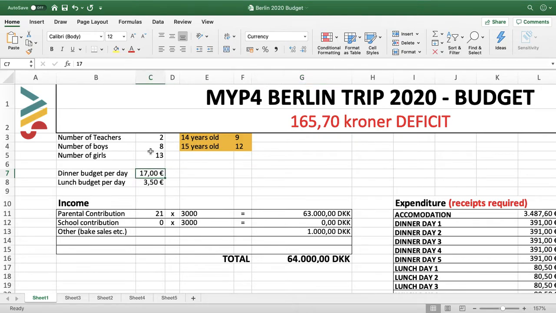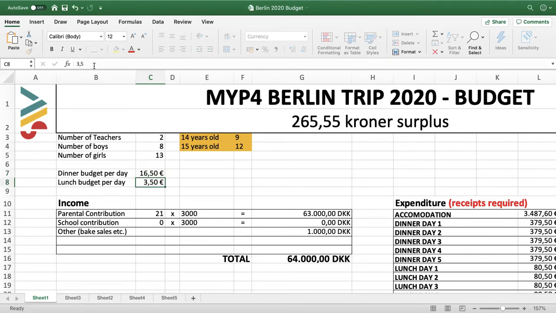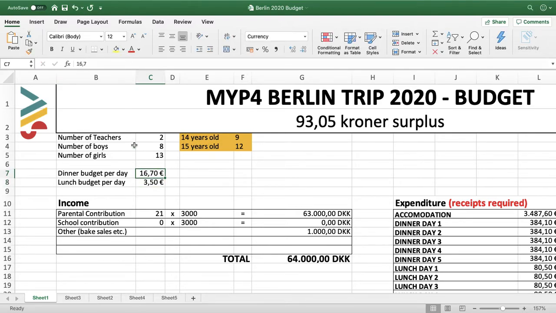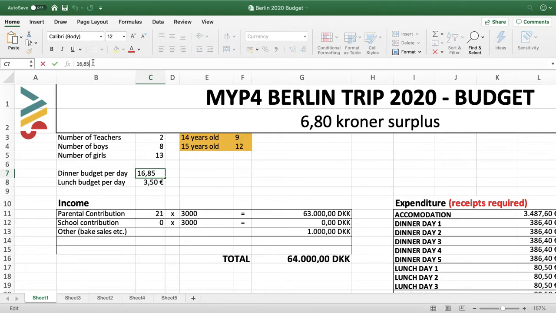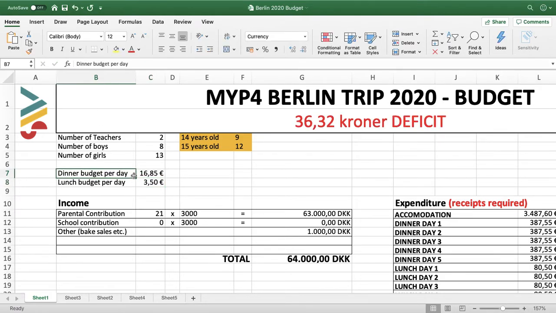Okay, if I just knock a little bit off the dinner budget per day, then 16.50. Oh, okay, so now I'm in surplus, so maybe I can put a bit more on the dinner budget. 16.70. Oh, maybe 16.80. Okay, can we squeeze a few pennies out of that? 16.85. No, let's make it 16.82. 16.81.